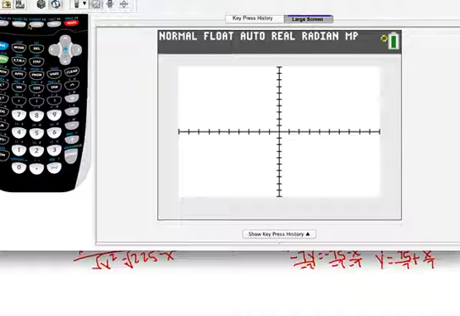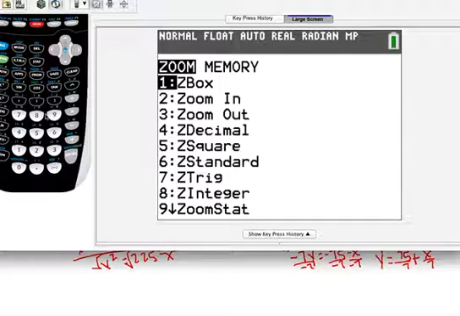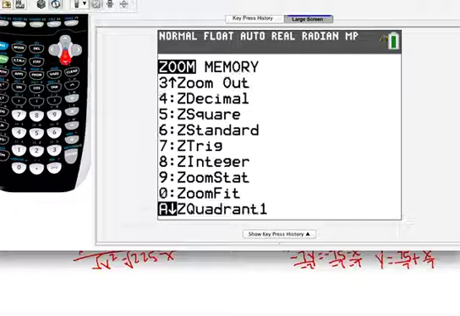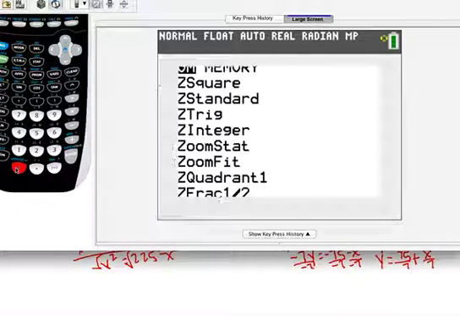So when you graph it, it's going to go off of your graph because your graph is so big. So you're going to go to zoom, and you're going to go to zoom 0, which should be zoom fit. So do 0.